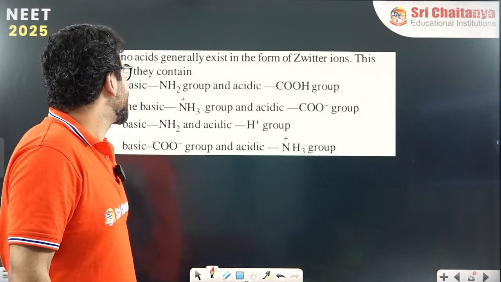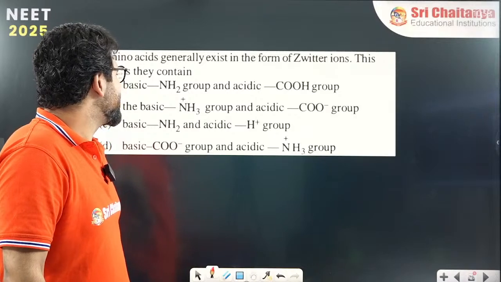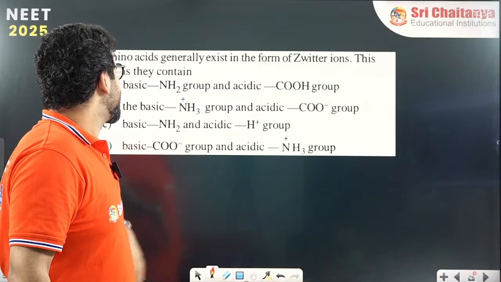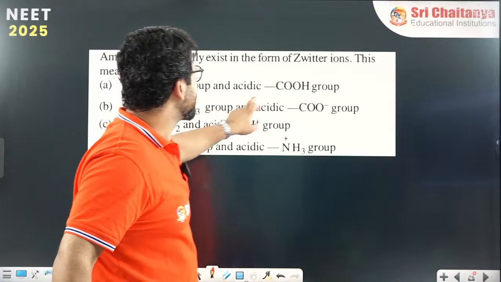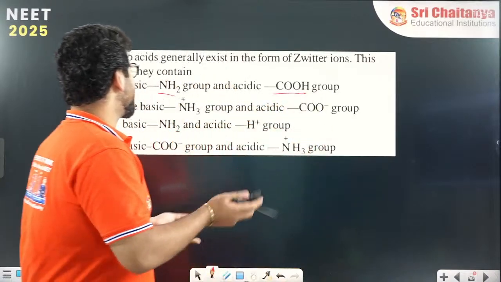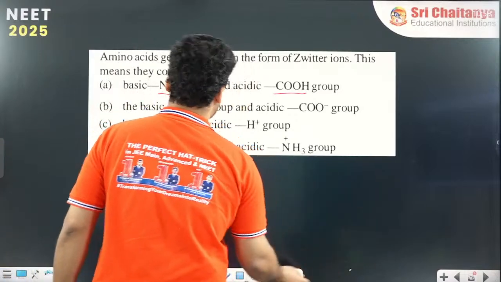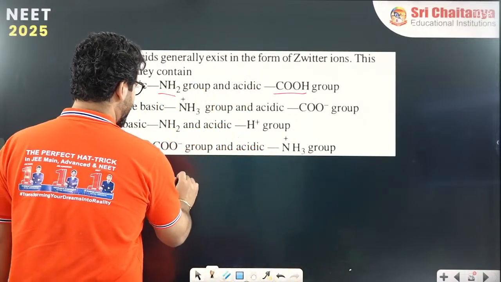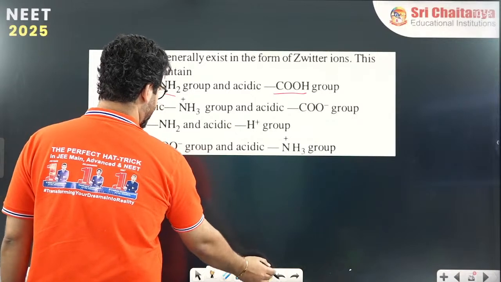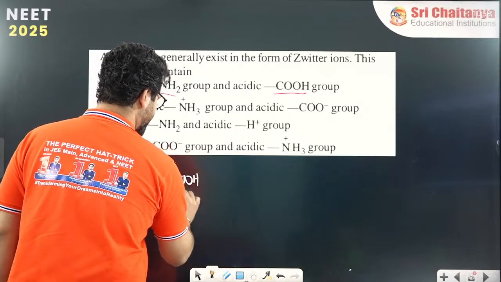Amino acid exists in zwitterion. This means they contain what? In an amino acid, they contain a basic NH2 group and an acidic COOH group. Once they exchange their H, then they become zwitterion.